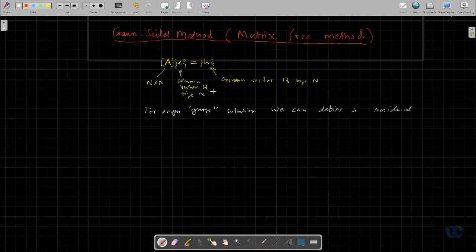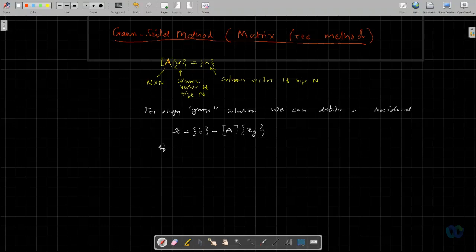What is residual? Residual R is equal to the right-hand side, B, minus A, that matrix, times our guess solution. X is the exact solution, so AX should be equal to B.